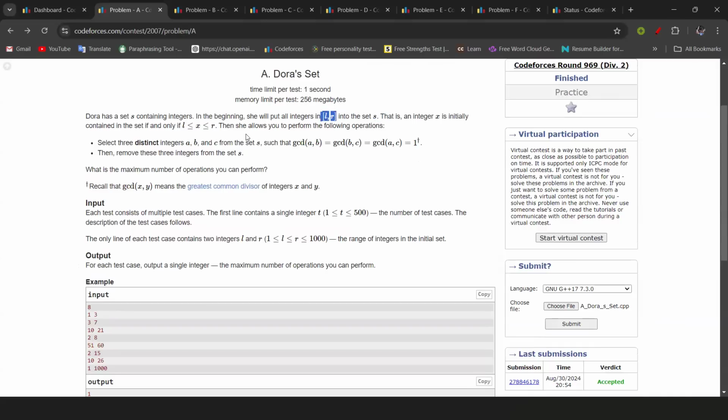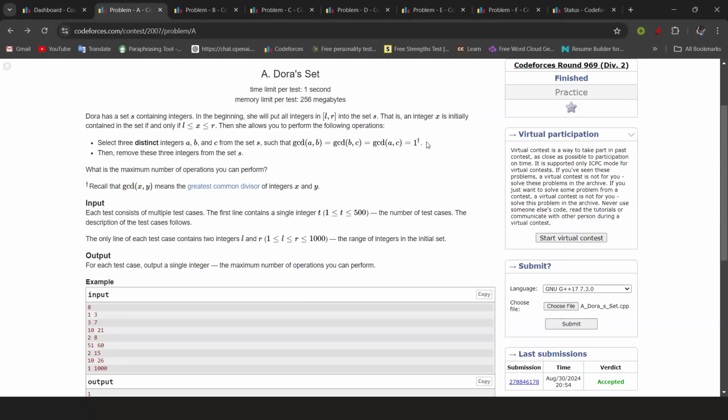Then you are allowed to perform the following operation: select 3 distinct integers A, B, C from the set S such that this condition is satisfied. This just means that if you take any 2 of the 3 integers, they are co-prime with each other.